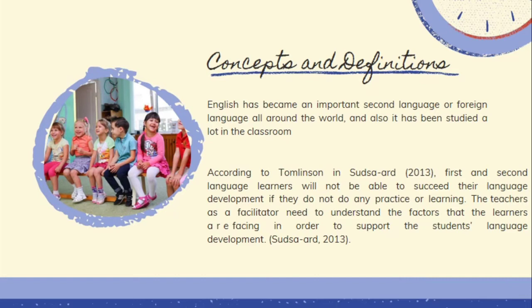First and second language learners will not be able to succeed in their language development if they do not do any practice or learning. The teachers, as facilitators, need to understand the factors that the learners are facing in order to support the students' language development.